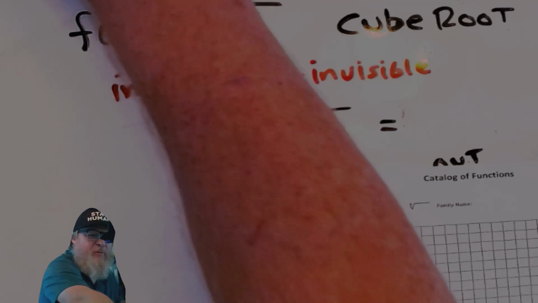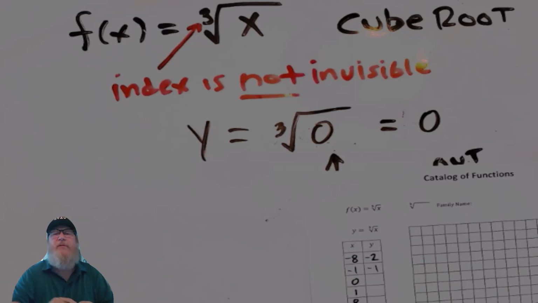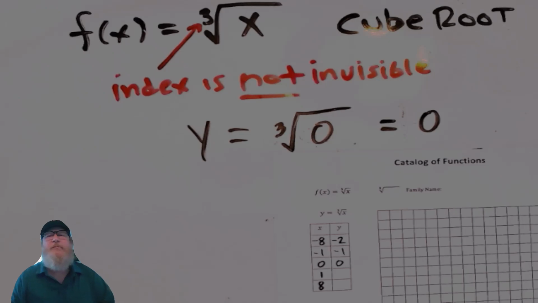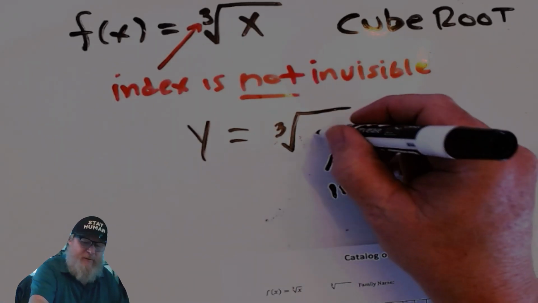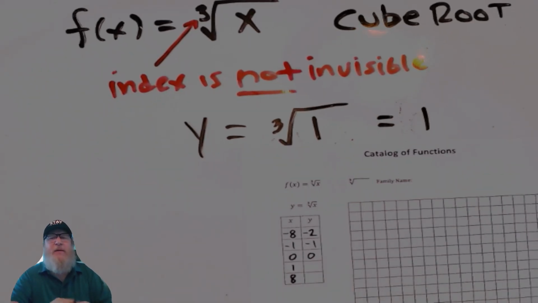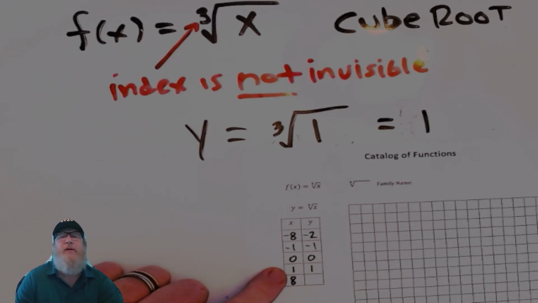If my input was 0, my output would be 0. So I'd have 0, 0. If my input was -1, oh, sorry, +1. I already did -1. If my input was +1, then my output would also be +1.